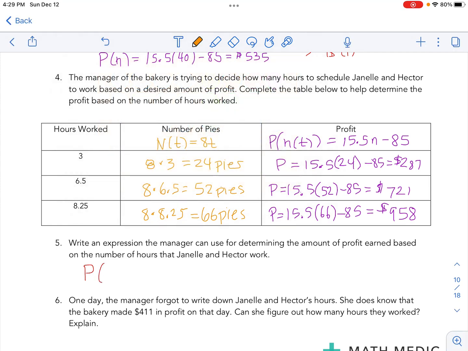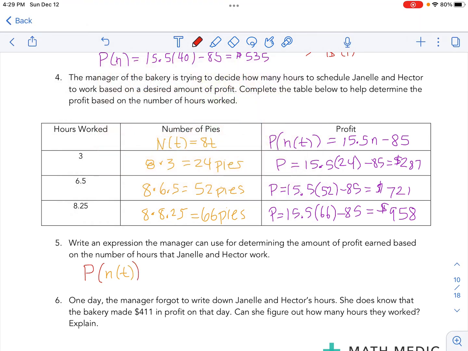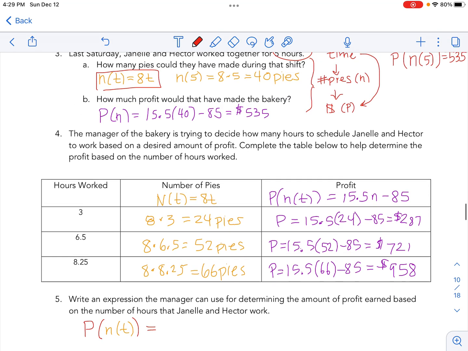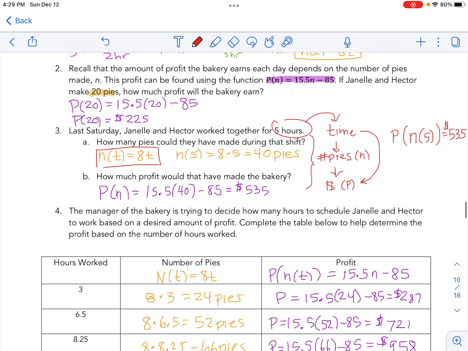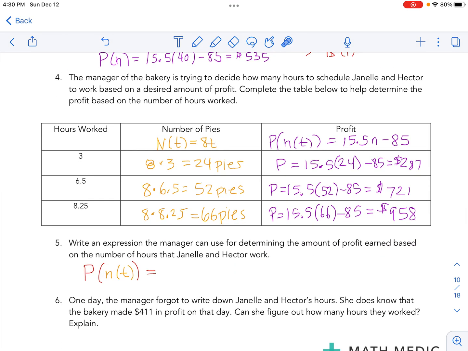So that profit is going to be taking the number of pies function and sticking it right into that profit expression. And so that's going to look like that profit equation. If you remember, it's that purple highlight right here. It's 15.5 times the number of pies minus 85.